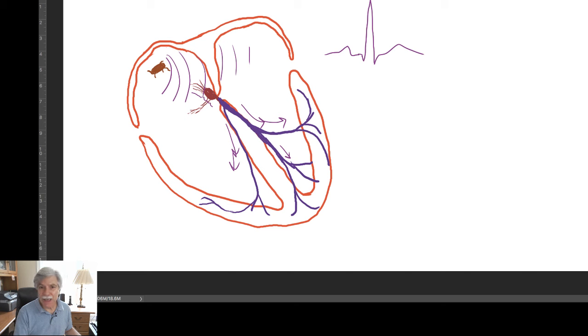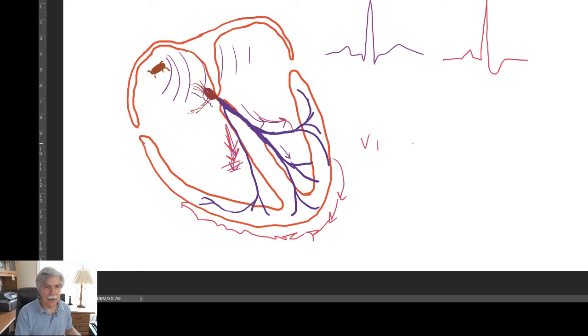So if you just take a right bundle branch block, for example, what happens is the signal is not able to get down the right bundle branch. It's blocked here. So it has to go down the left side and then gradually make its way to the right side of the heart in a slow fashion. So at least in the lateral leads, what you get is this deep S wave.